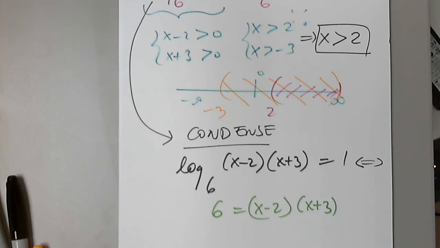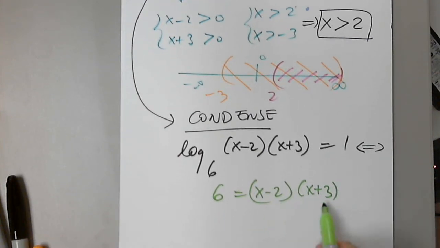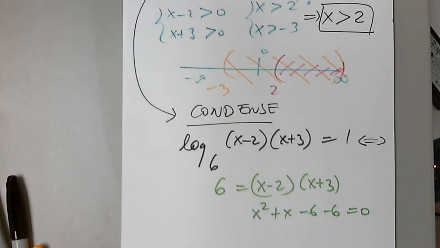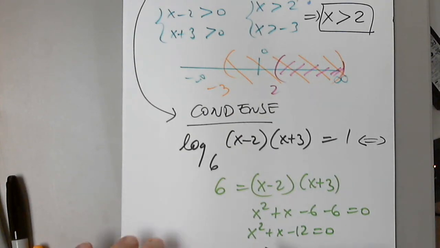So then, this is quadratic now, I will FOIL. So x squared minus 2x plus 3x minus 6 equals 0. So the equation that we need to solve now is quadratic. I just multiplied, moved terms around, and I set it equal to 0. So let's factor.